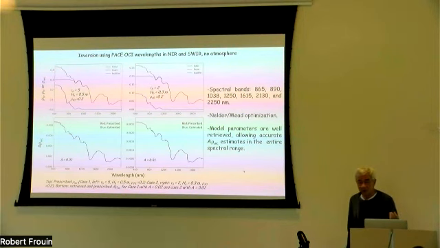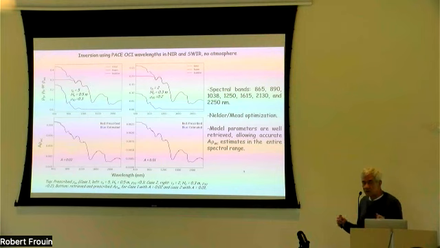If you want to do something like this at the top of the atmosphere, you have more parameters to determine because you have the influence of the aerosols that you don't know. So the system becomes just too difficult to invert.